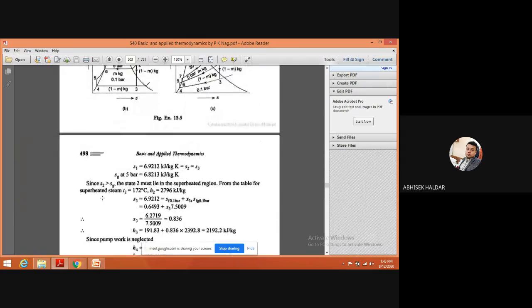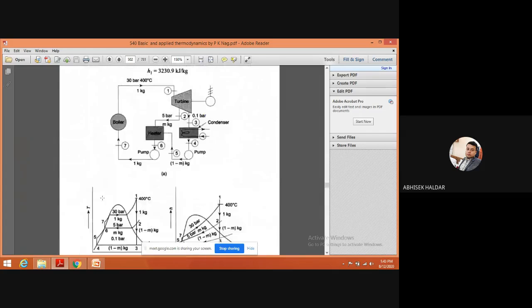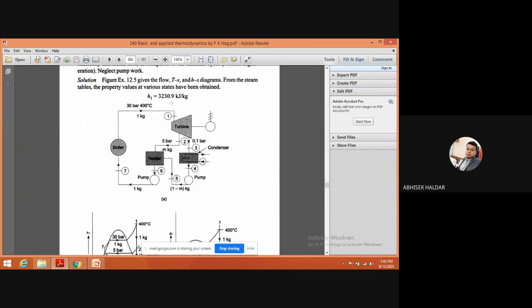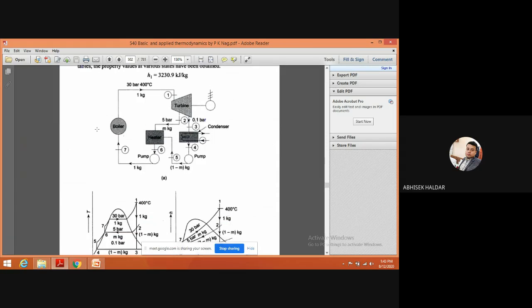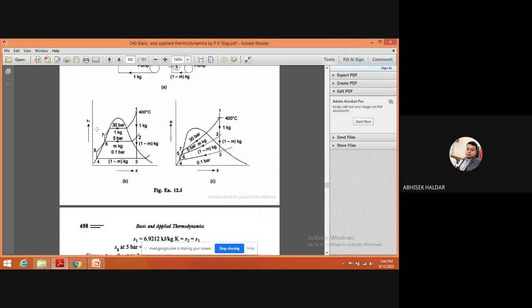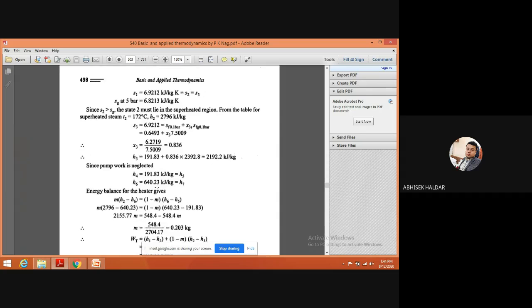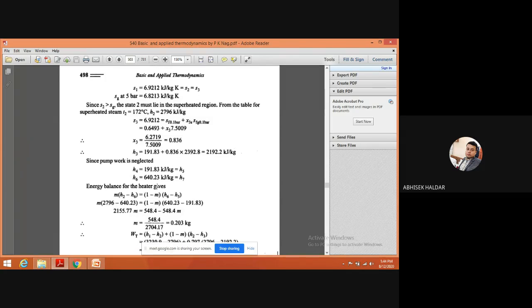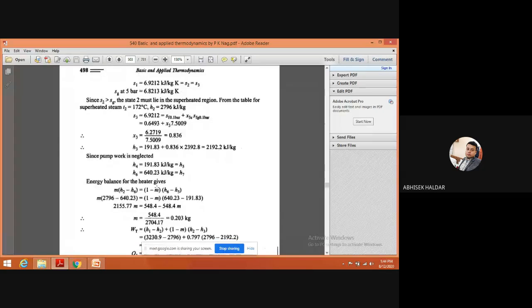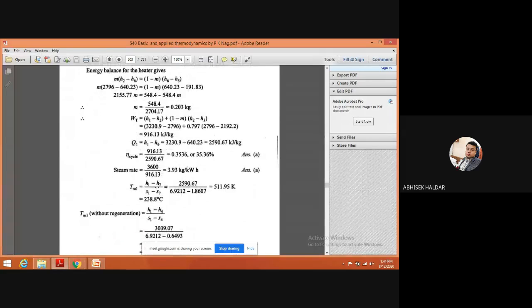H1 is 3230. 3230 minus 191.83. If you subtract, is this value coming? Can anyone please check? 3230.9 minus 191.83.